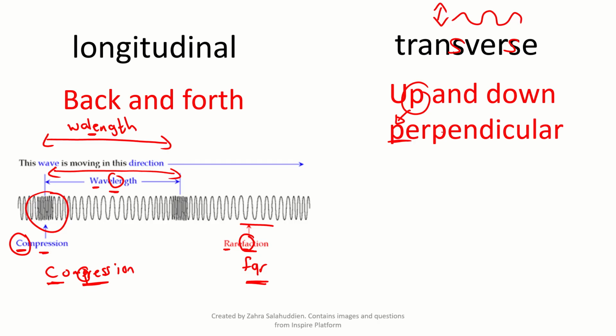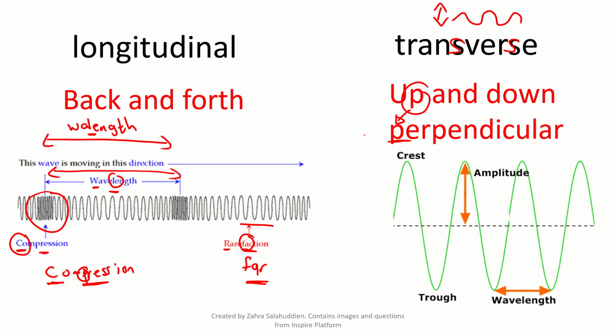Perpendicular, up and down. So these are the parts of my transverse wave. The top of my wave is like a little letter C. K, K, K, K for crest. All of the tops of the wave are called the crest. The bottom of the wave is called my trough.